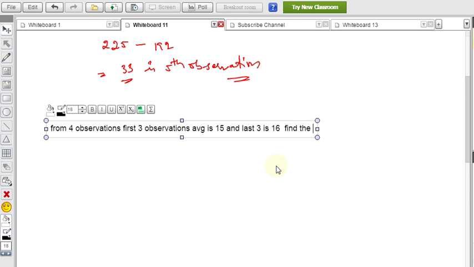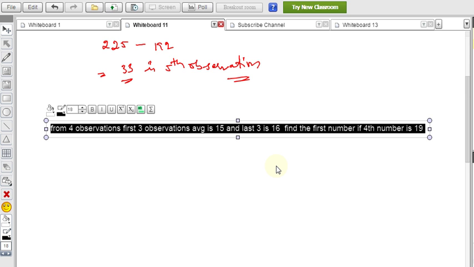The fourth number is 19. You have to find the first one.